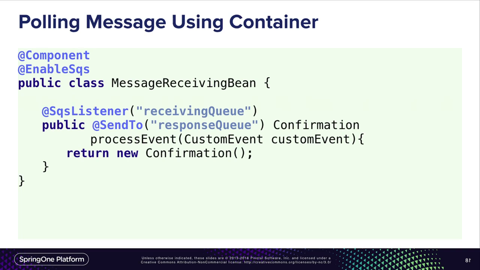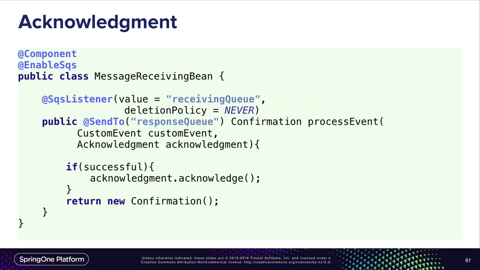There are no transactions on SQS, as I mentioned, but there is the possibility that I can acknowledge messages. So I can control when a message is deleted on the queue and when it's not deleted. So there are no rollbacks, but there is some kind of commit, which is an acknowledgement, which we support as well. So by default, every message is deleted out of a queue on SQS, but I can work in this manual acknowledgement mode.